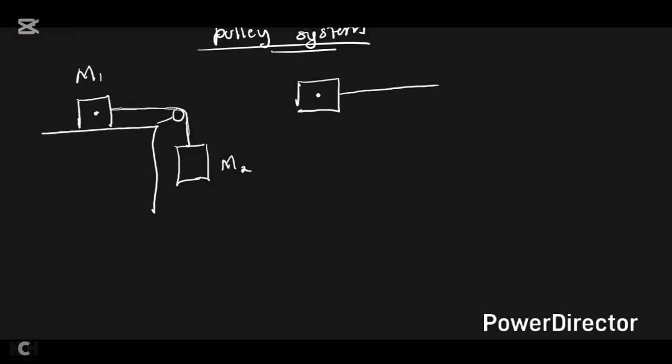Remember that we've been asked to calculate the tension, so there's T, and here it's frictionless, and the pulley is frictionless. So it's going like this, meaning T is equal to this, right?